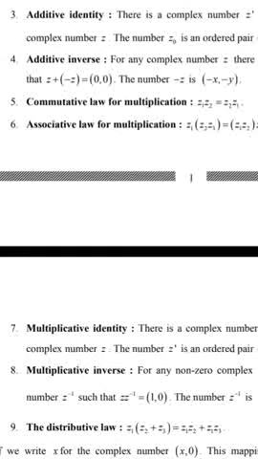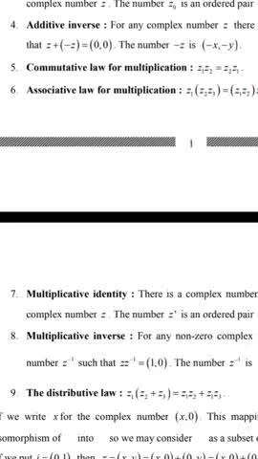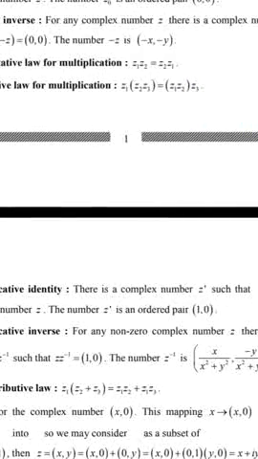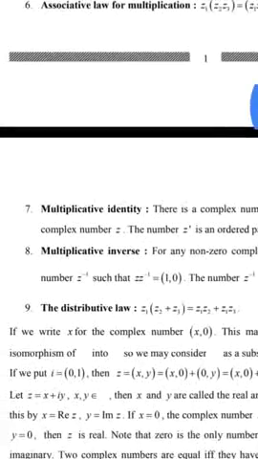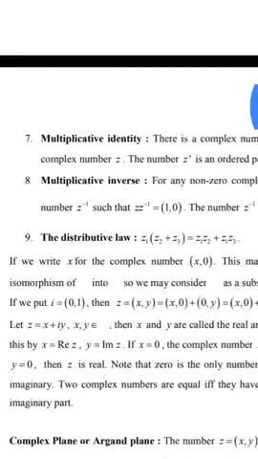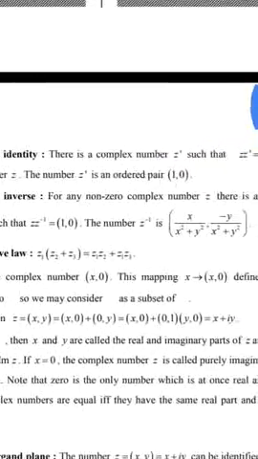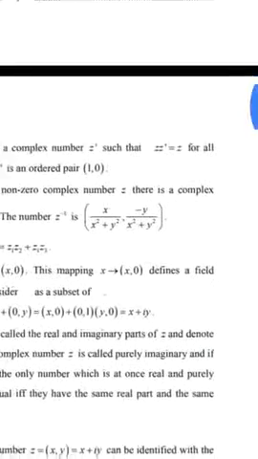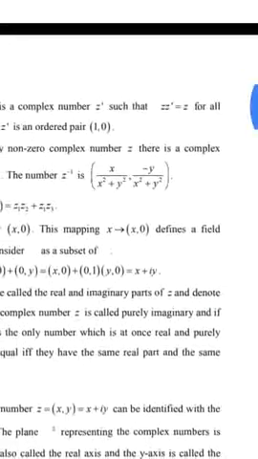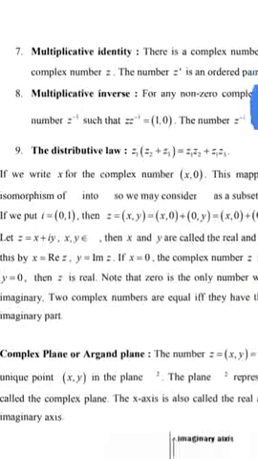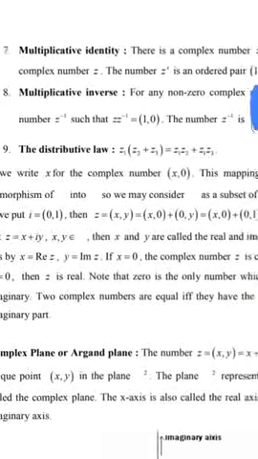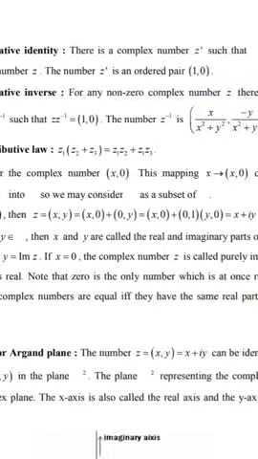Commutative law for multiplication: z1 into z2 is equal to z2 into z1. Associative law for multiplication: (z1 into z2) into z3 is equal to z1 into (z2 into z3). Multiplicative identity: there is a complex number z' such that z into z' is equal to z for all complex numbers z. The number z' is the ordered pair (1, 0).